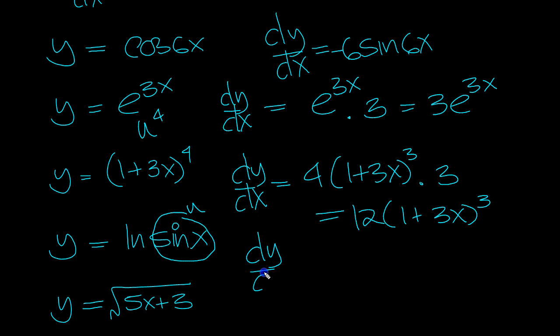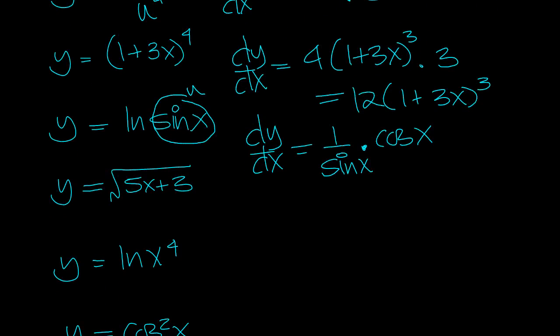So dy/dx, dy/du, log u goes to 1 over u, multiplied by the something differentiated, which is cos, du/dx, dy/du times du/dx. Perhaps it's better to think about it in those terms. This is something to the power half, isn't it? 5x plus 3, I think it was, power half.